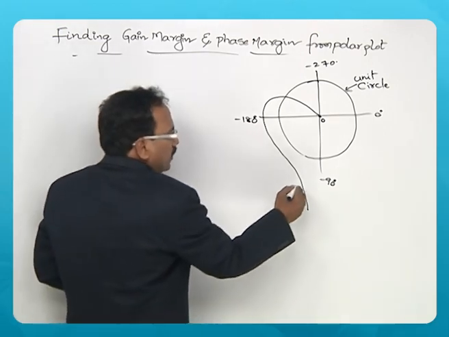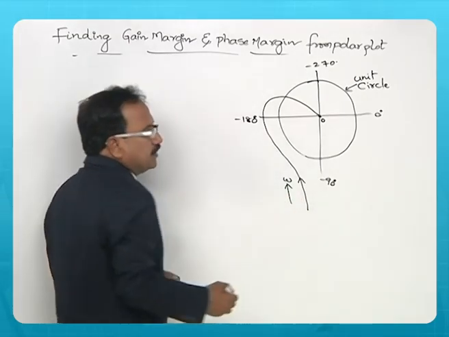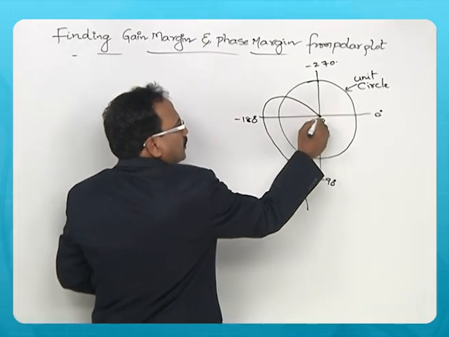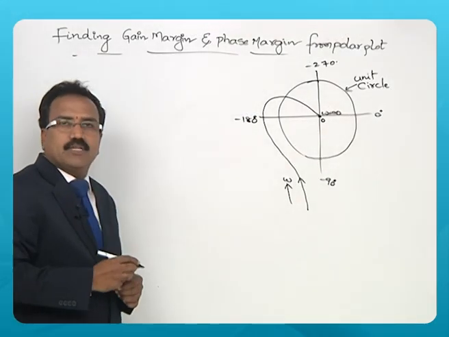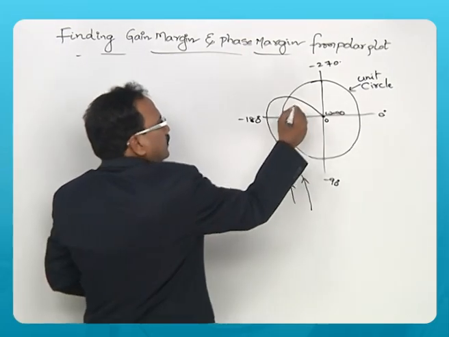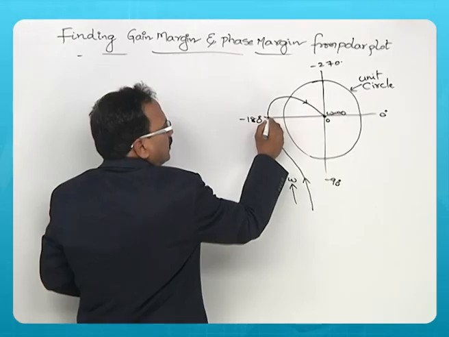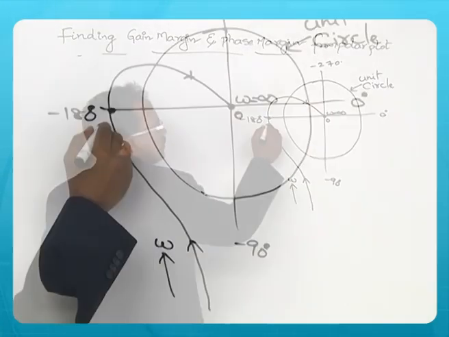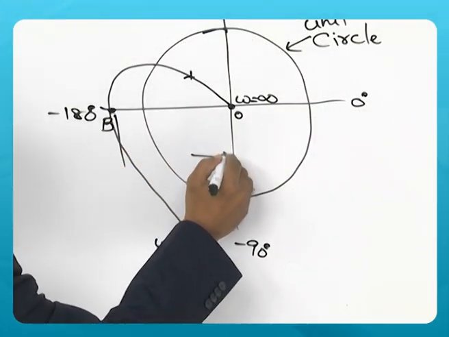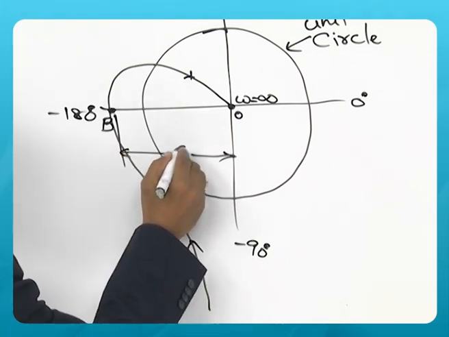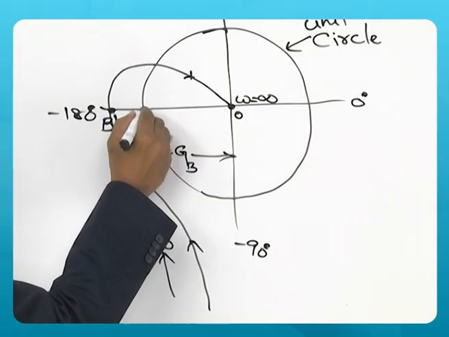As I said, omega is increased from 0 to infinity. By the time omega reaches infinity, the plot ends here, meaning the magnitude becomes 0. In this case, the plot is crossing the minus 180 degree line here, say this is the point B, and the gain from here to here is known as GB, and this is a unit circle, so the radius is 1.